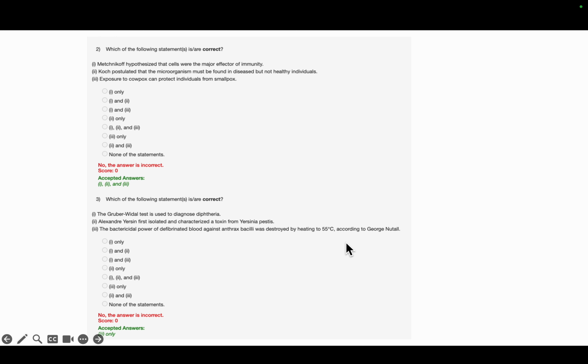If you go through those slides from week 1, you will get this information. So which is correct? The option is, the bactericidal power of defibrinated blood against anthrax bacilli was destroyed by heating to 55 degrees Celsius according to George Nuttall.